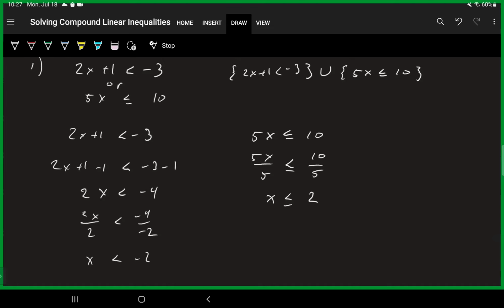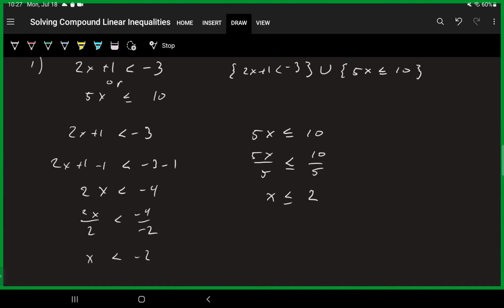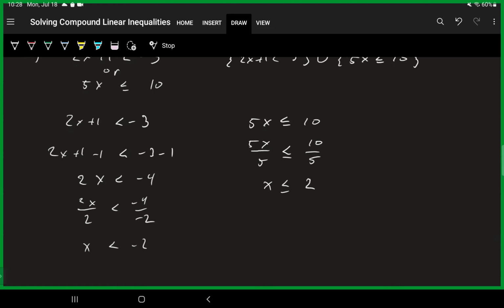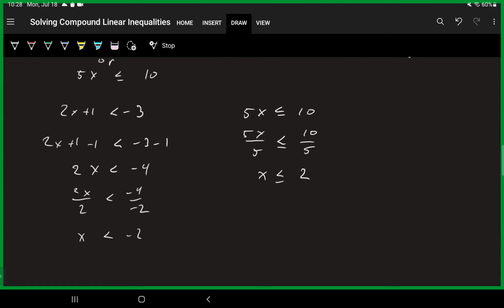So I want to find out what these two things look like when they're added together. And so I have x is less than or equal to 2, and that looks like this.